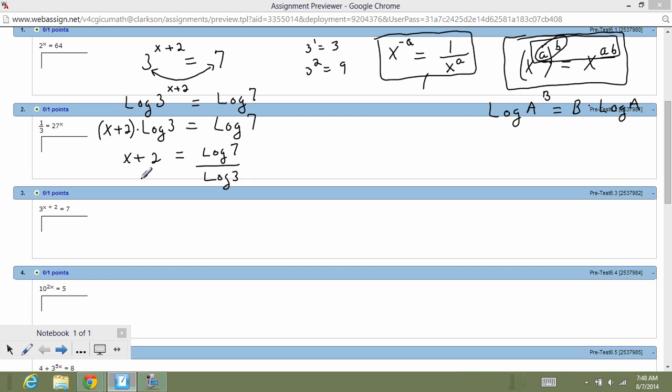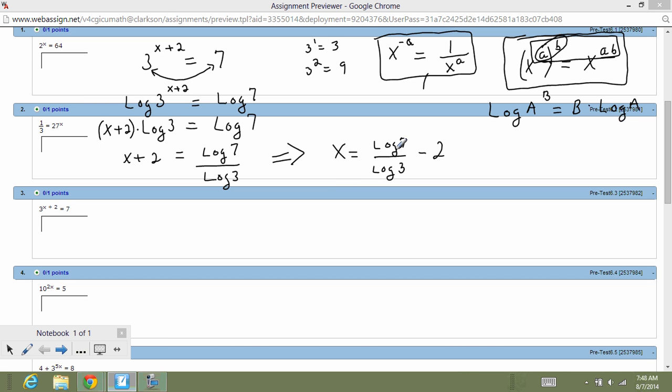And then finally, this addition, we use the additive inverse, and x is equal to log 7 divided by log 3 minus 2. So that's the technique that we're expecting that you had in a high school experience, and we're just trying to rejuvenate that and refresh that in your mind.